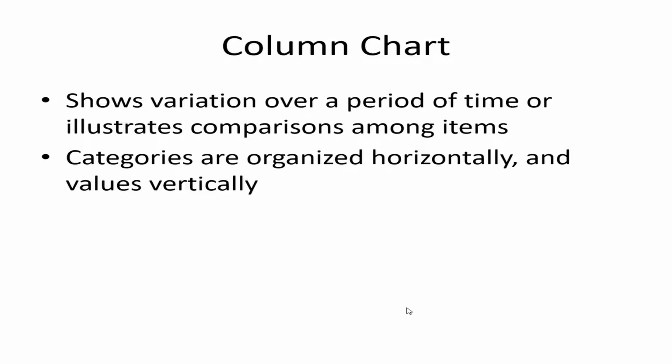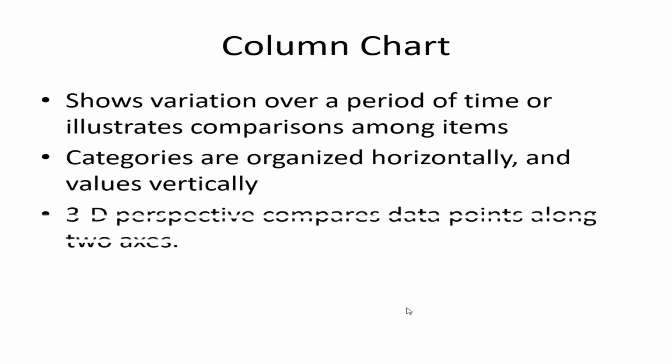Therefore, categories are on the x-axis and values are put on the vertical axis. One of the subtypes is 3D perspective that compares data points along two axes, but it has a 3D perspective like you're going to see now.